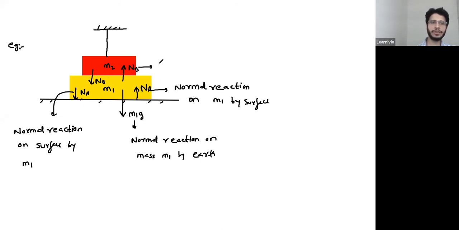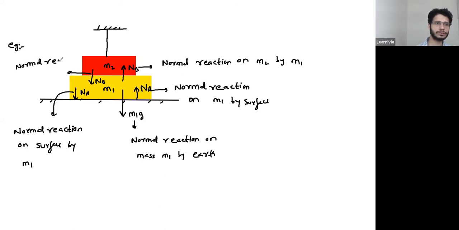So this MB is normal reaction on M2 by M1, and here this NB is normal reaction on M1 by M2. There is one more force which is weight of M2, which is basically M2G.